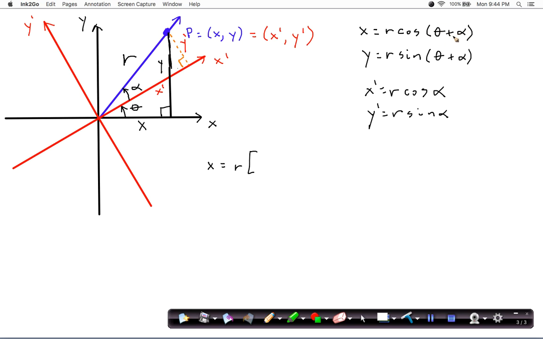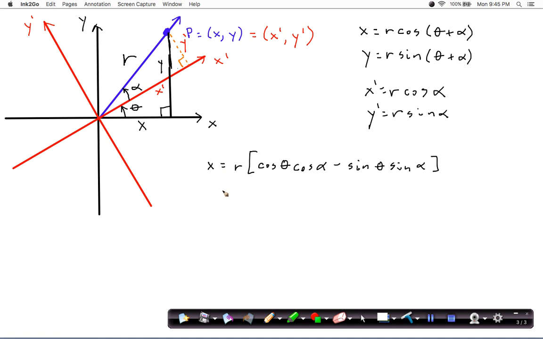This is a sum here. So we could expand this as, if you remember your identities, cosine theta cosine alpha minus sine theta sine alpha. Okay.